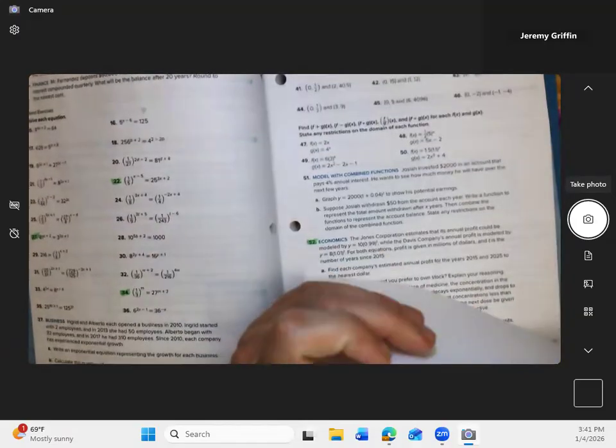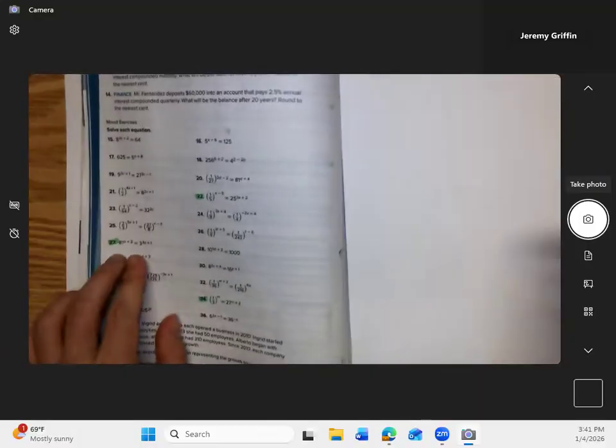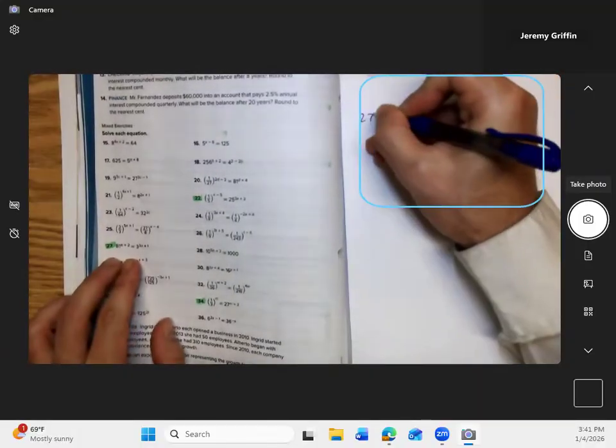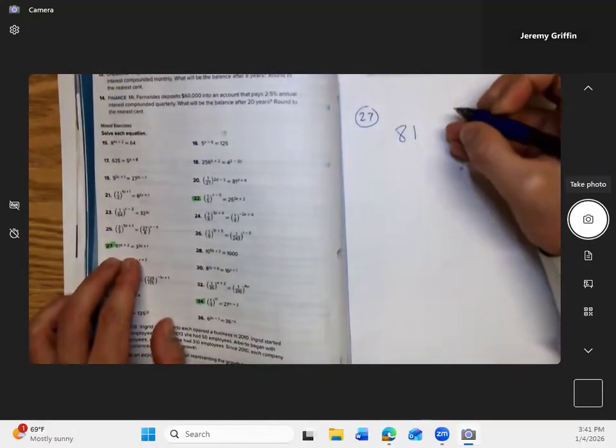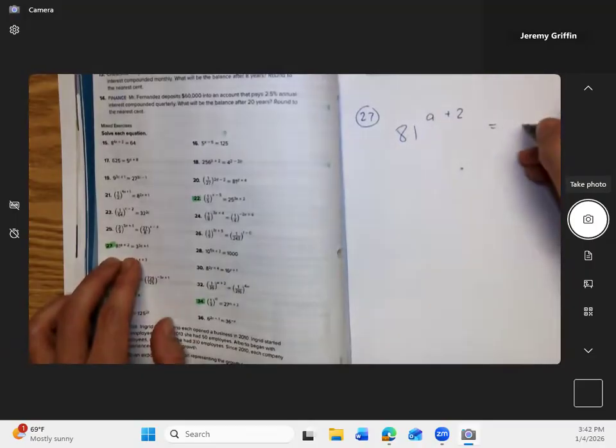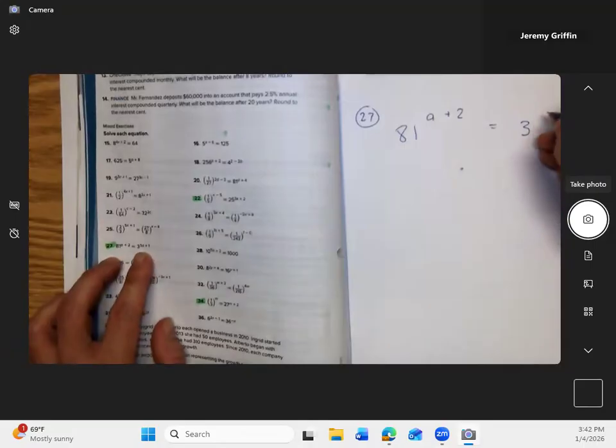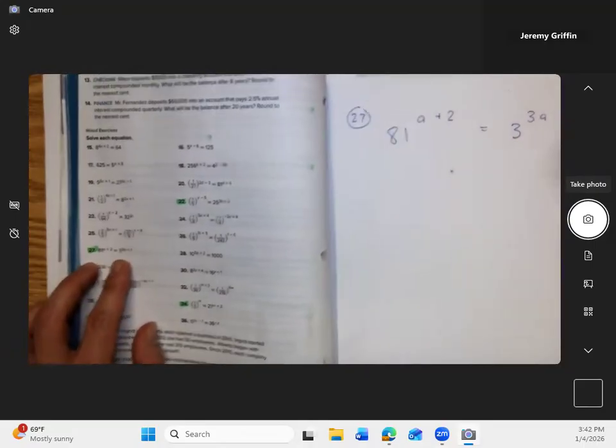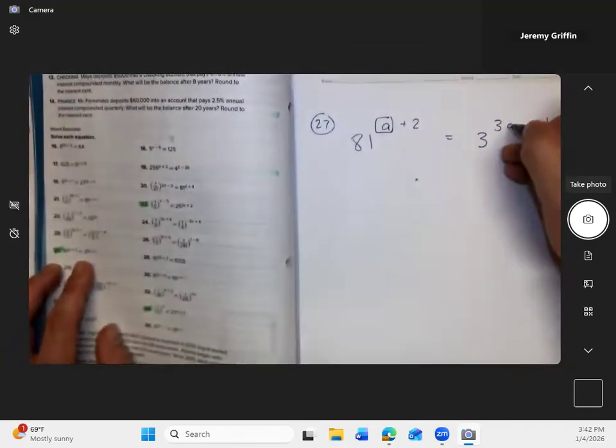Number 27, right here. We've got 81 to the power of a plus 2 equals 3 to the power of 3a plus 1. Okay, we must be solving for a in this case.